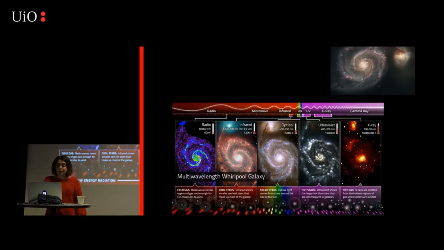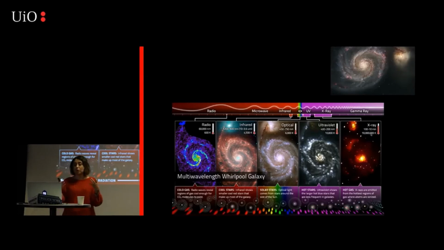Going to the high energy part of the spectrum, like ultraviolet, we can look at the distribution of hot stars. And if we want to look at the hot gas and ionized gas, we need to do X-ray observation. So as you can see here, in order to see all the components of a galaxy, we need to do multi-wavelength observation.